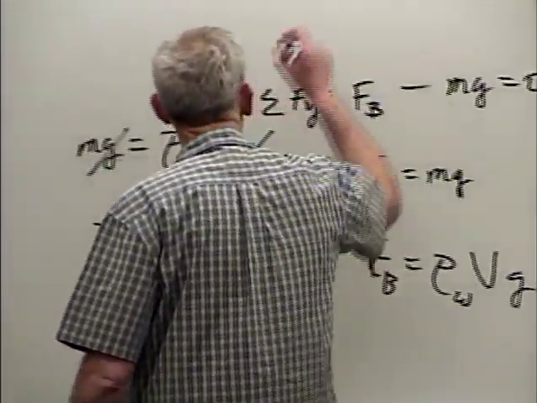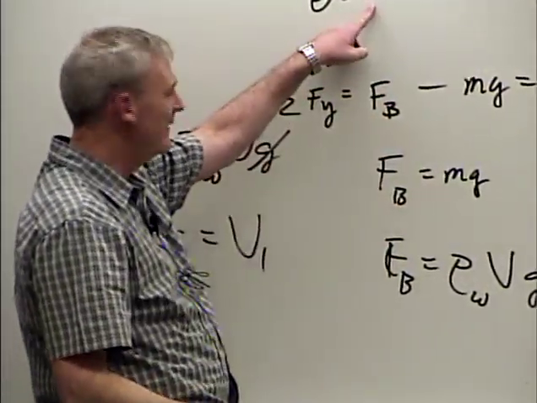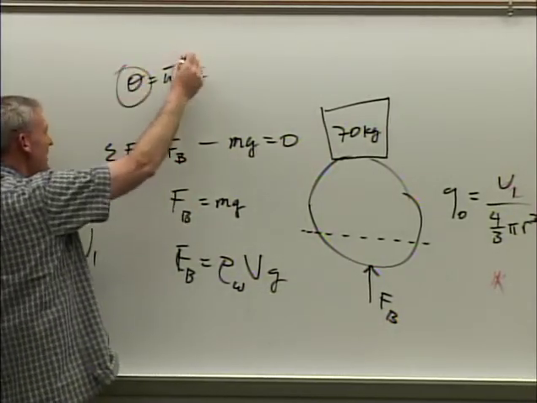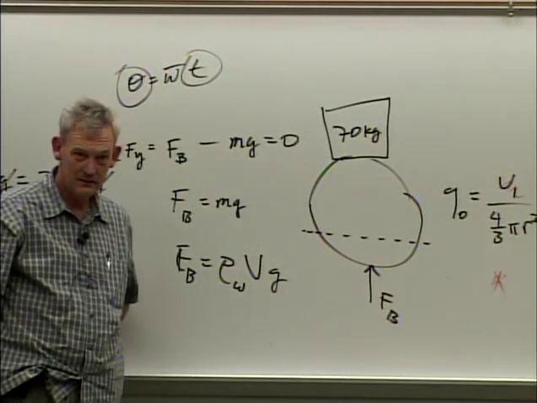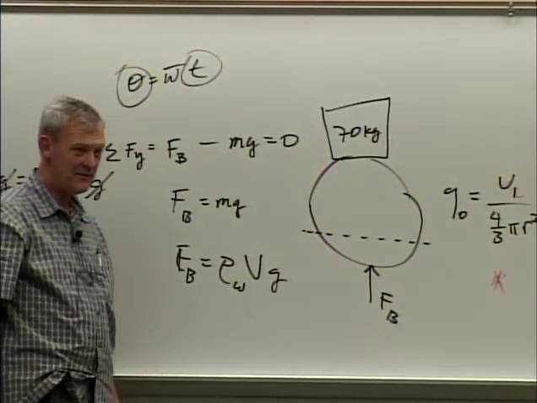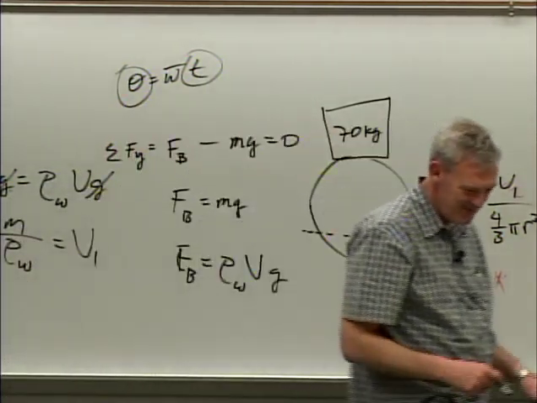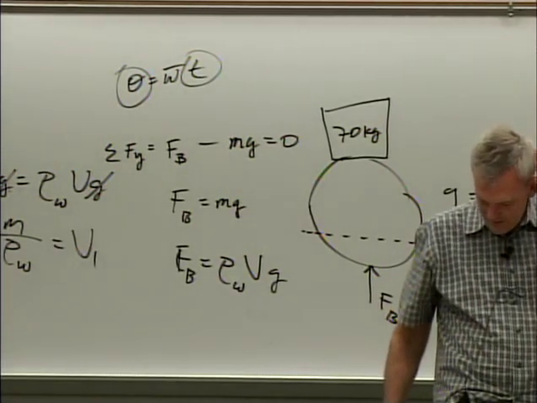You know this guy? Theta equals omega bar, angular speed, times t. So if you find theta and you're given t, do you think you can find omega bar? Looks like freshman algebra to me. All right, got it.